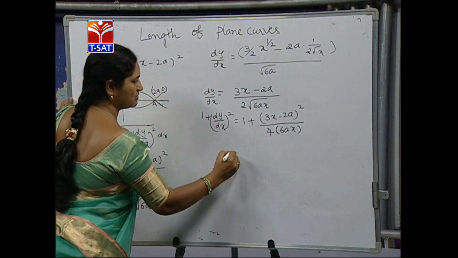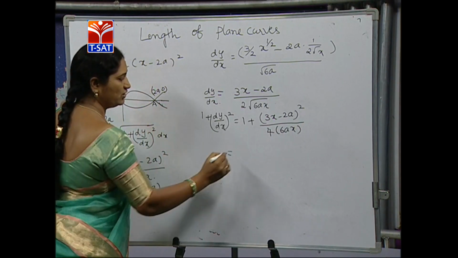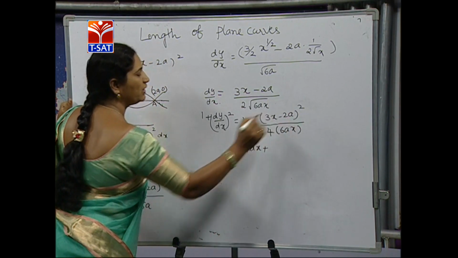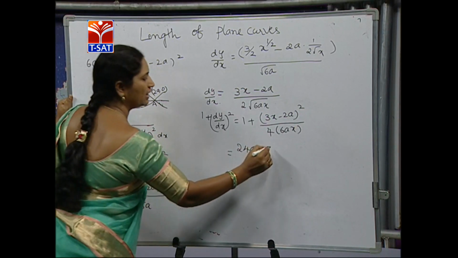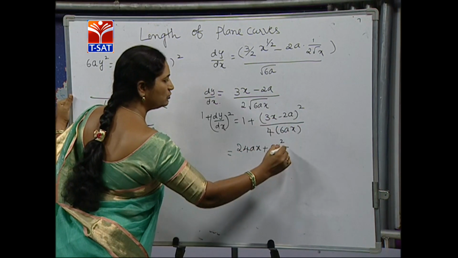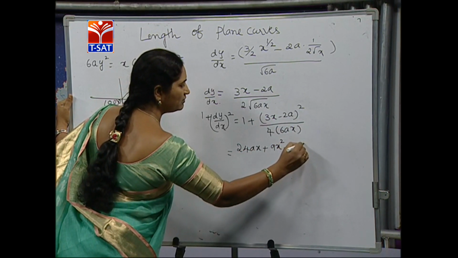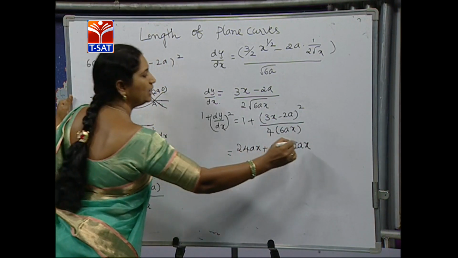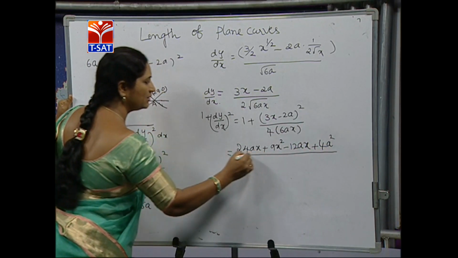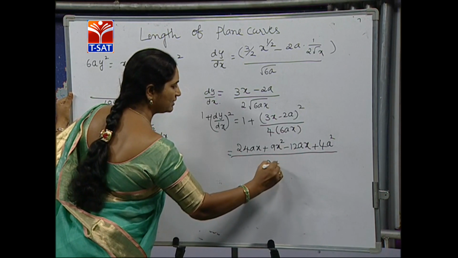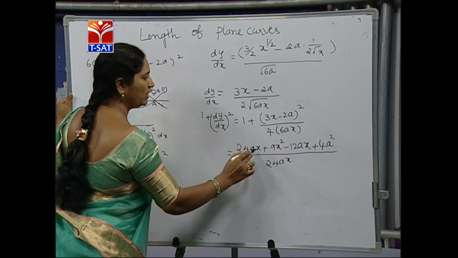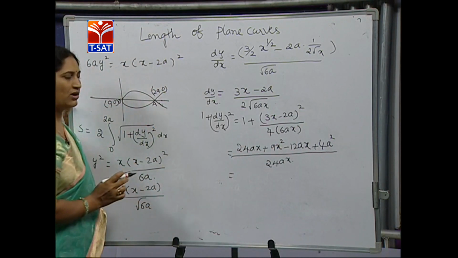This equals (24ax + (3x − 2a)²)/24ax, that is 9x² − 12ax + 4a² in the numerator. See, 24ax minus 12ax is nothing but 12ax.